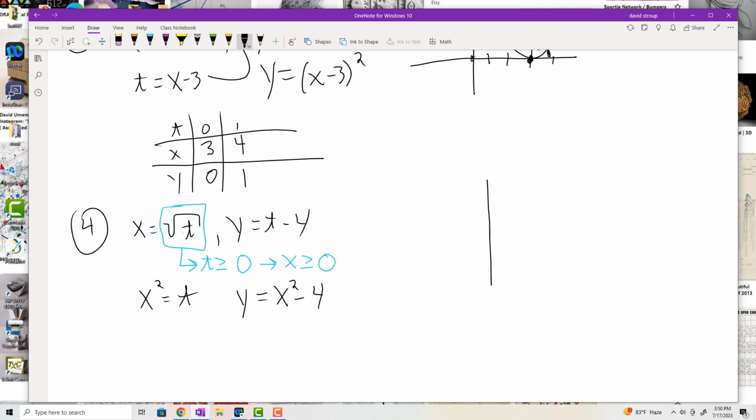Of course, if we graphed x squared minus 4, we would get both sides of the parabola, but with these implied restrictions we only actually have the right half of that picture. So x squared minus 4 means it's a parabola shifted down 4 places. There's its vertex. Technically, yes, there is this other side, but because of the square root t, we only really get this other half.